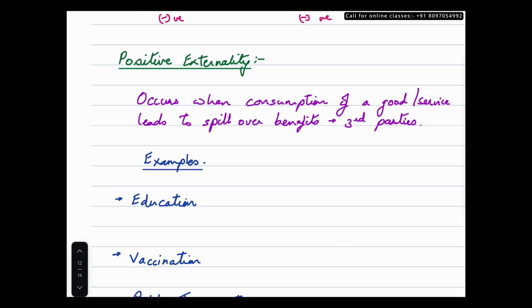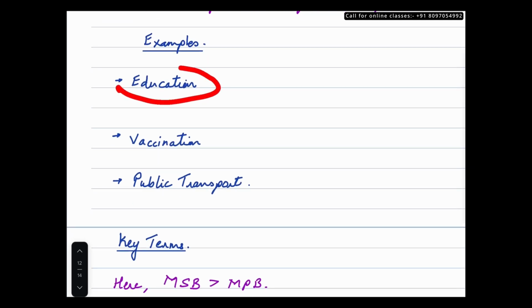Now, let's take a look at some real world examples. The first example that I've quoted over here is education. When a student goes to school and gets education, yes, there is a personal benefit because the student is getting educated, correct? But along with this, the society benefits as well. Now, what benefits does the society get? Amongst the society, there are employers who would get a skilled workforce.